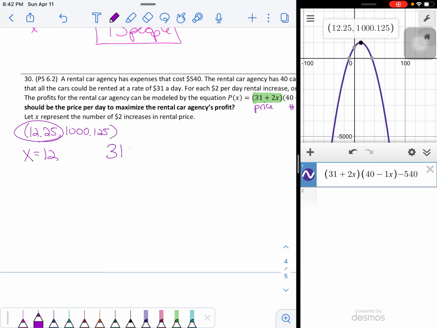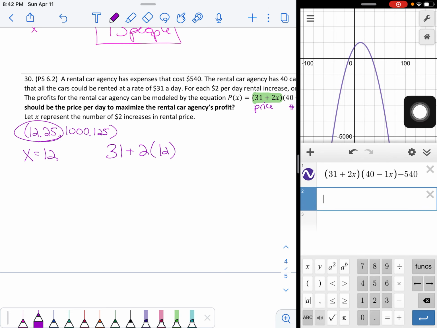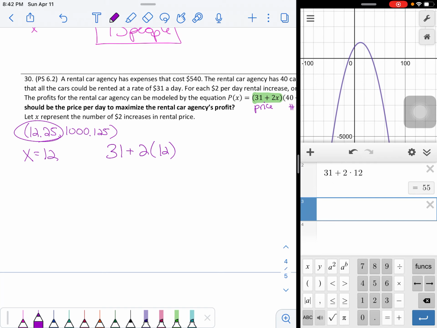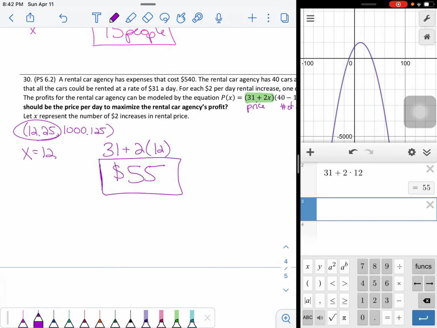And I want to take that X value and use it in this expression. So 31 plus 2 times 12, and I'm going to use Desmos to make my life pretty easy here. And since it's up and running, I might as well. So 31 plus 2 times 12 is going to be a total of 55. So the charter company could or should charge $55 a day to maximize their profits.